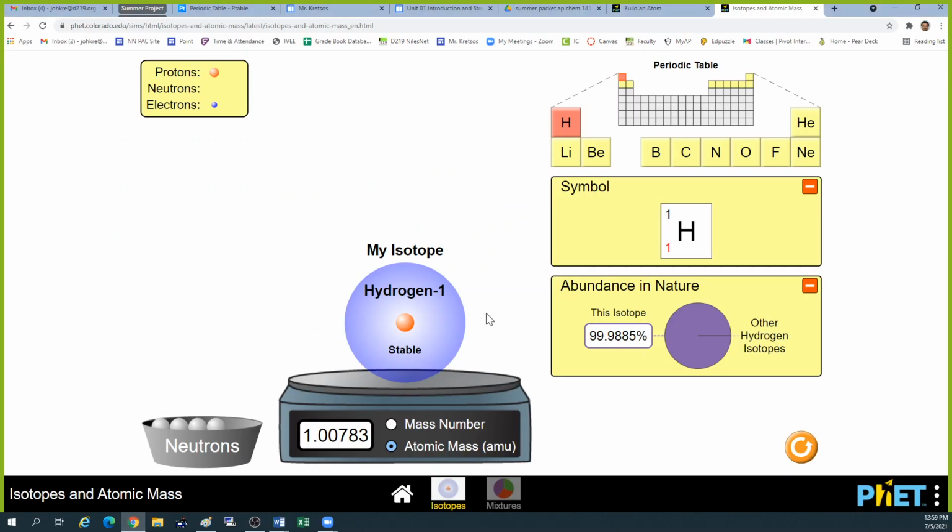Now when we go back to this, it starts to make more sense. When I look at the percentage of mass 1 hydrogen atoms, almost all of them, 99.9%, are that kind. When I look at the next possible hydrogen atom or isotope, only a tiny fraction of them are this heavier type.